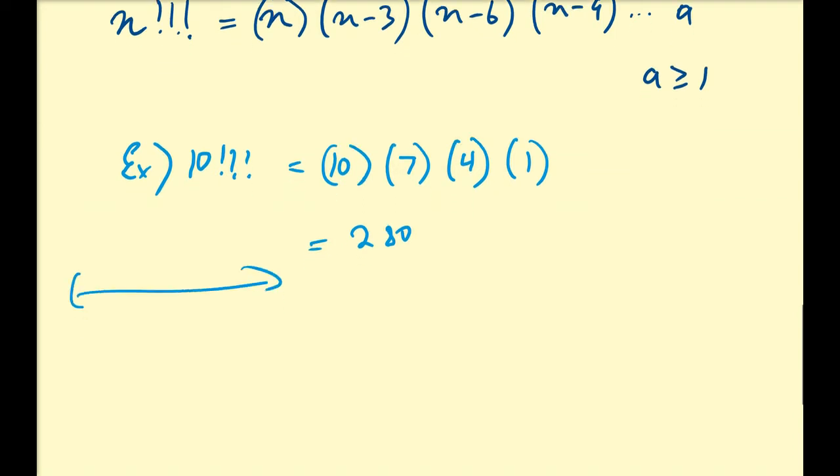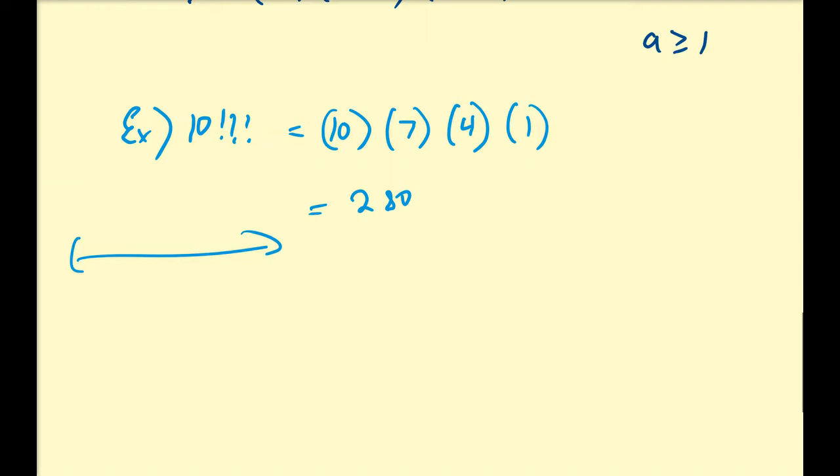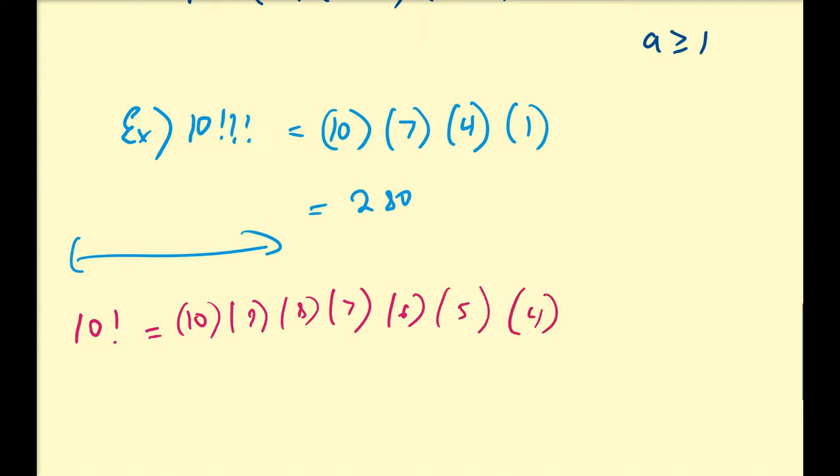All right, that's cool. So let's see if we can get a similar property like we did for the double and single factorials. So let's look at 10 factorial again. So again, this is going to be 10 times 9 times 8 times 7 times 6 times 5 times 4 times 3 times 2 times 1. So I'm going to look at the 10 triple factorial terms, so 10, 7, 4, and 1.